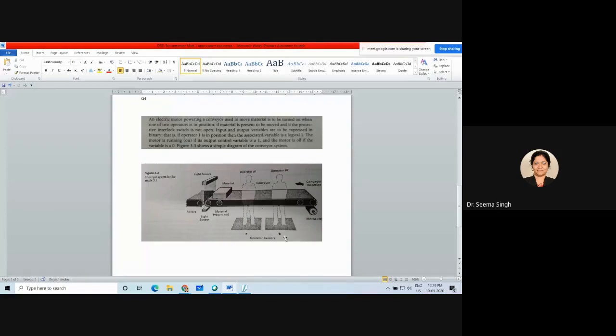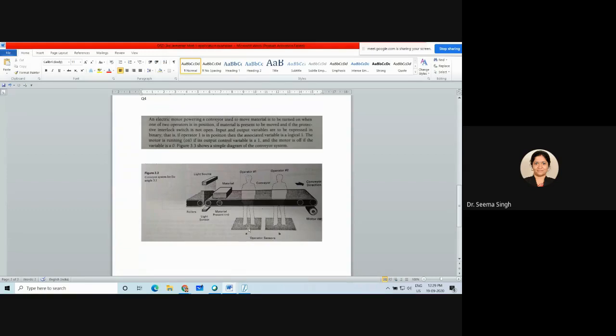The question is saying an electric motor powering a conveyor used to move material is to be turned on when one of the two operators is in position.